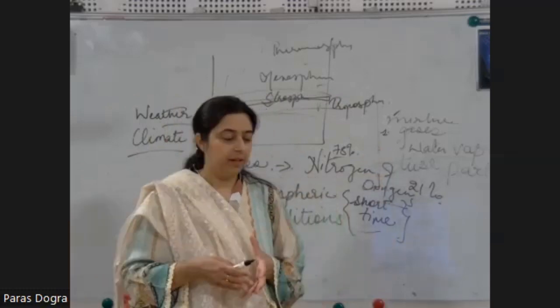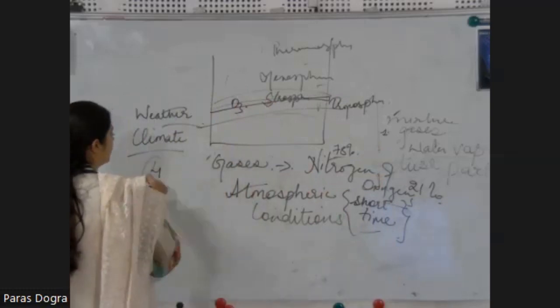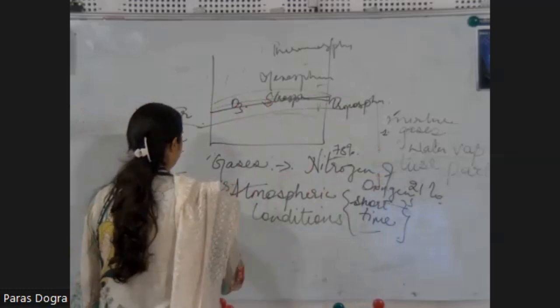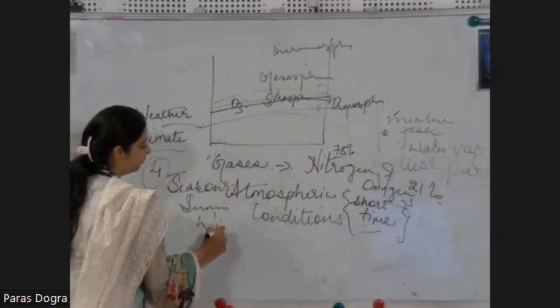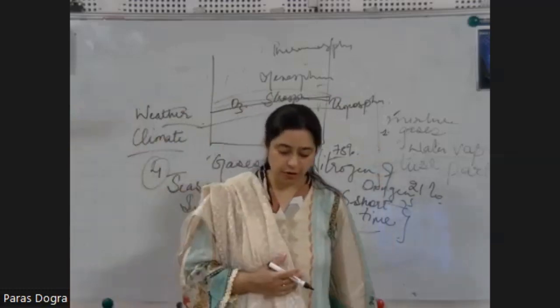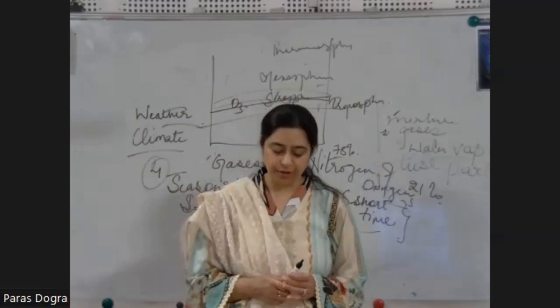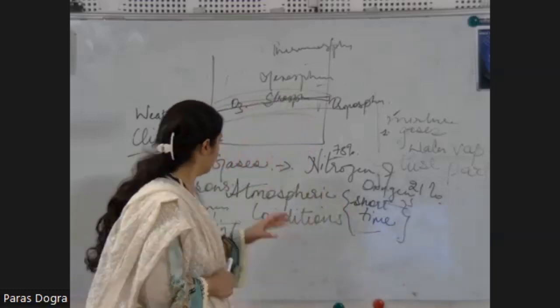But on a bigger note, we have four major seasons. A season can be summer, winter, monsoon, or spring or autumn, roughly. These are the four prime seasons of our country, or we can say the four climates of our country.